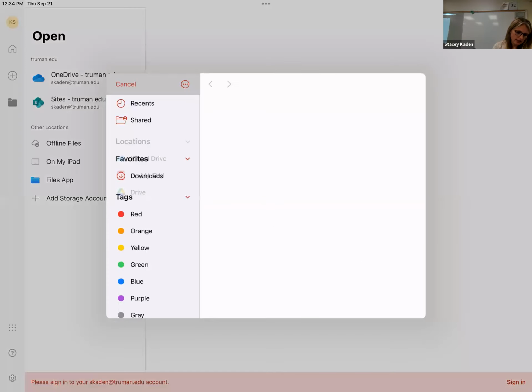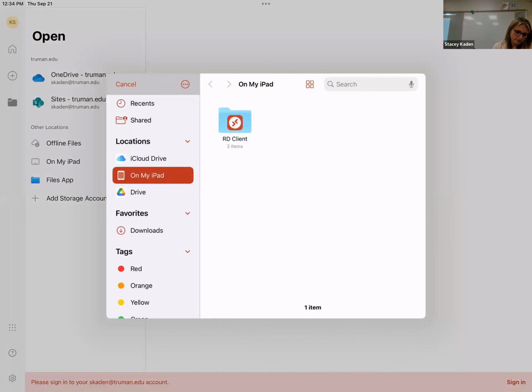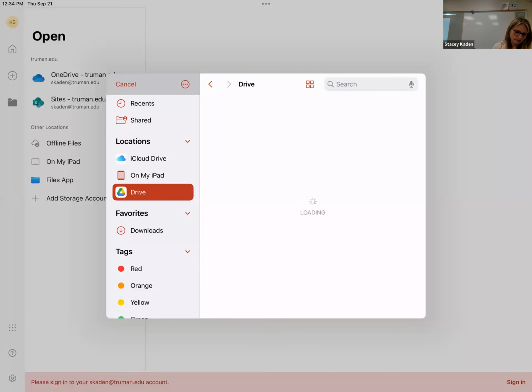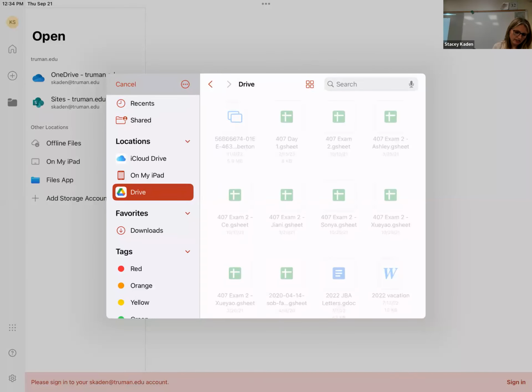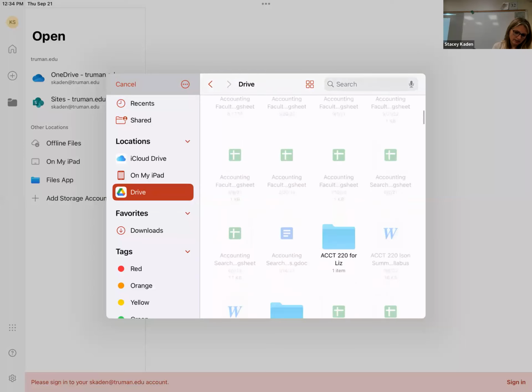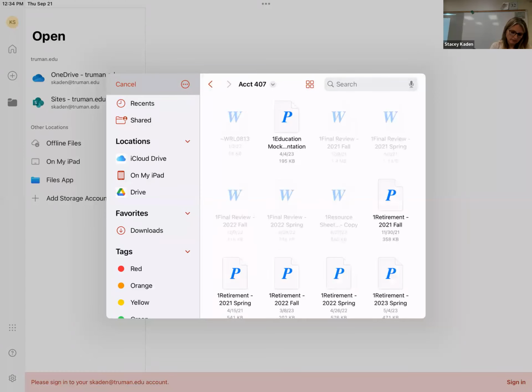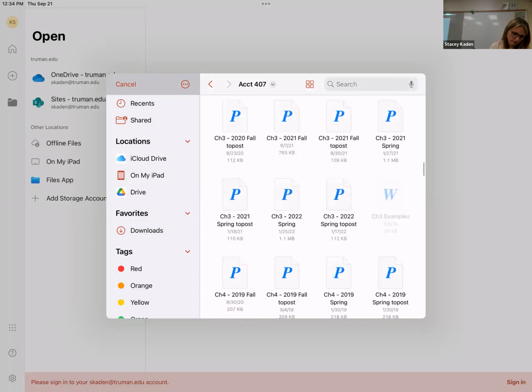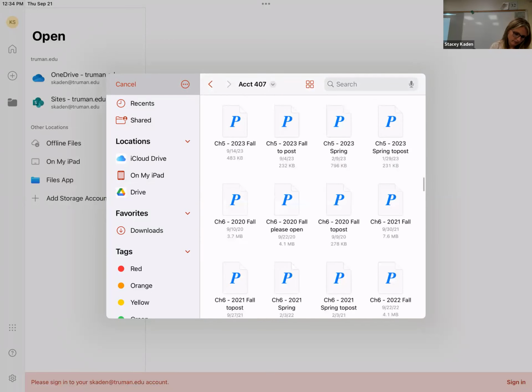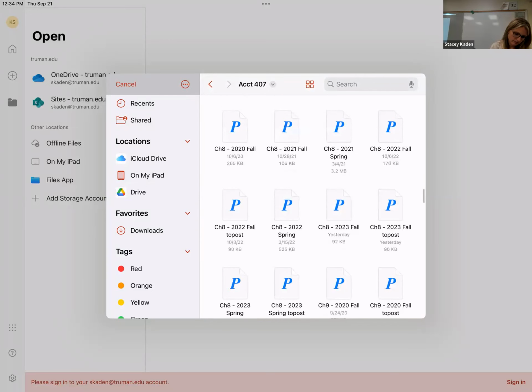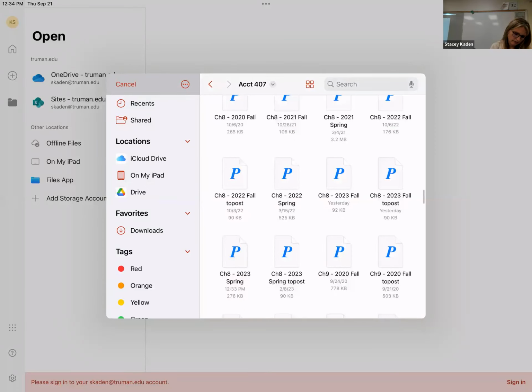Sorry about that. We'll get there. The unfortunate thing is you have to start over. Doesn't take you back into the folder you're currently in. There we go.